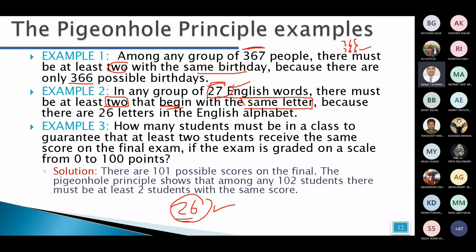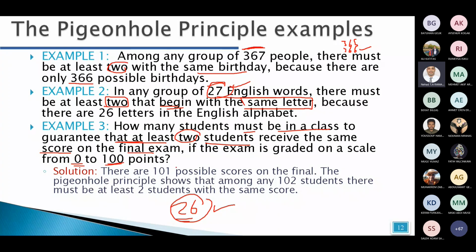Okay, example 3. How many students must be in the class to guarantee that at least 2 students, using the pigeonhole principle, receive the same score on the final exam, if the exam is graded on a scale from 0 to 100?